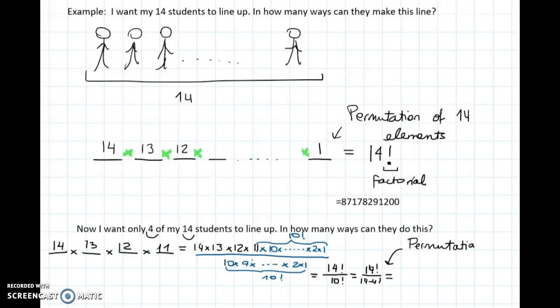Yes, they are permutations because we are arranging the order of 14 elements, and we are taking 4 of them. So we are taking 4 at a time, and this we can write as permutation 14 4. And good news again, we can find the result of this in our calculator.